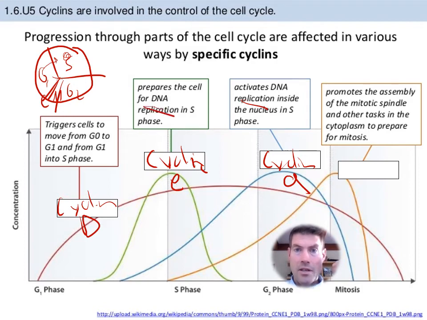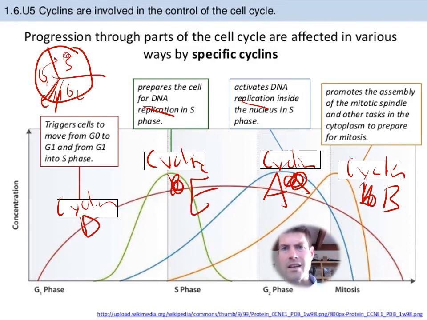Cyclin E prepares for replication, and then A activates it at the end. And this is cyclin B. Anyway, it helps to prepare for mitosis, gets that mitotic spindle going.